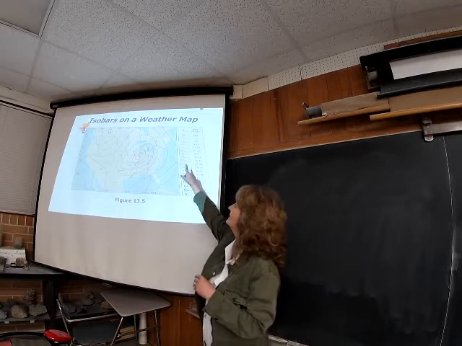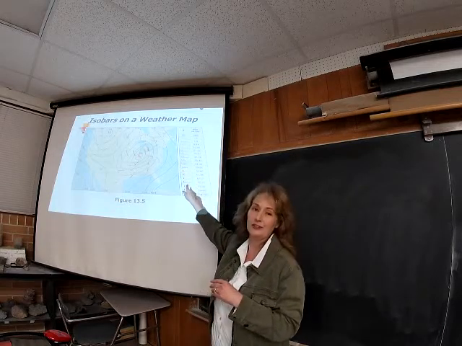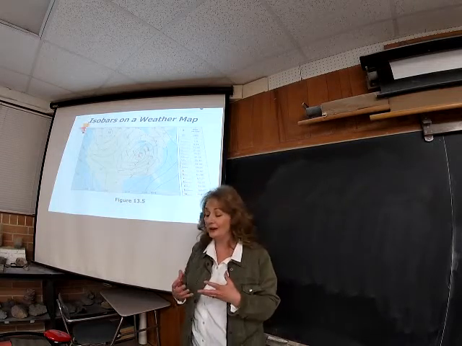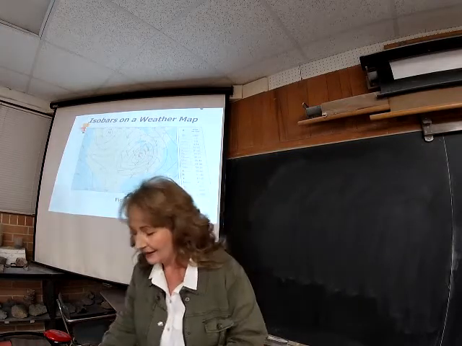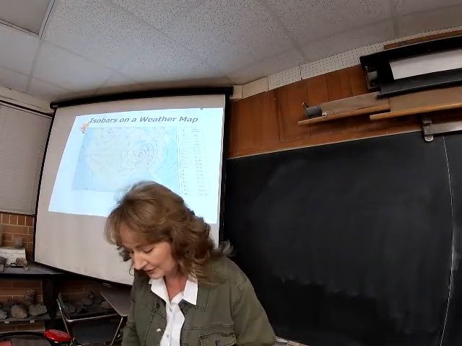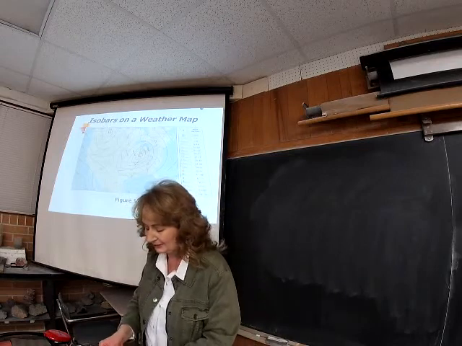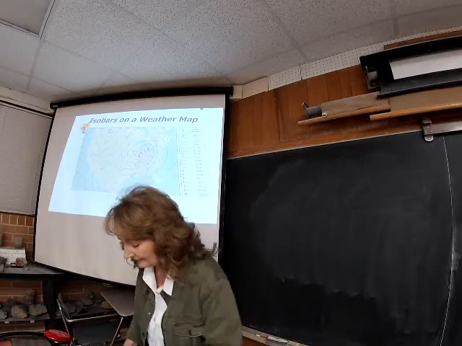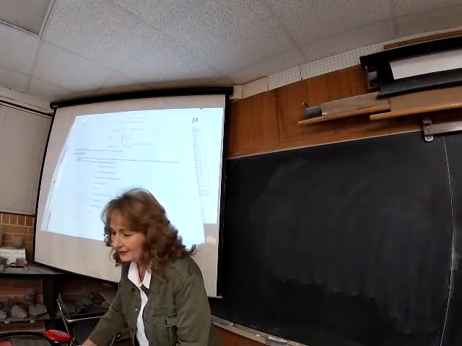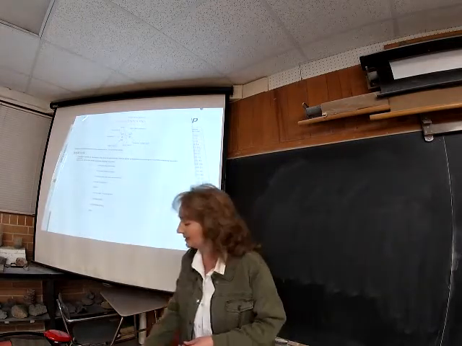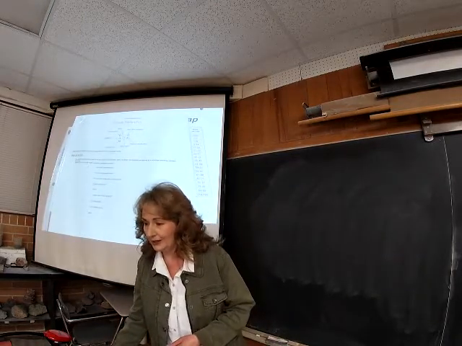They're showing us these little stick figures here that are a station plot. I've got something that can explain those just a little bit here, a sample station model plot. This is something that comes from a meteorology book.